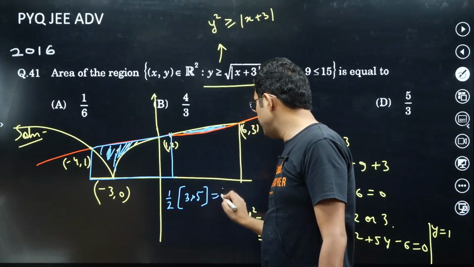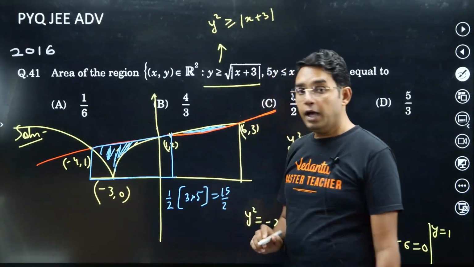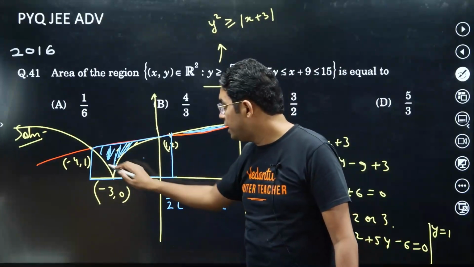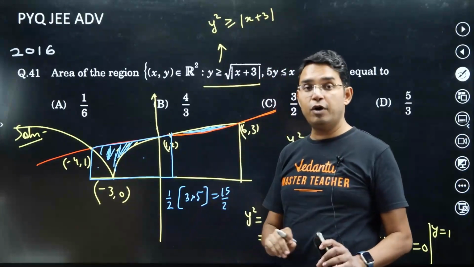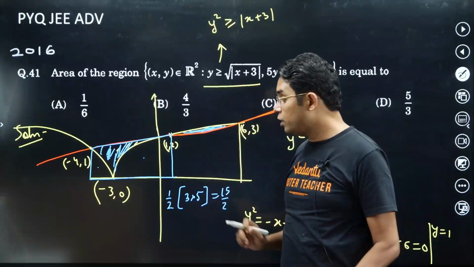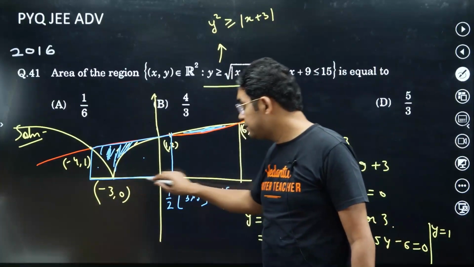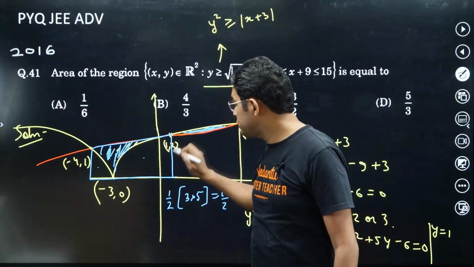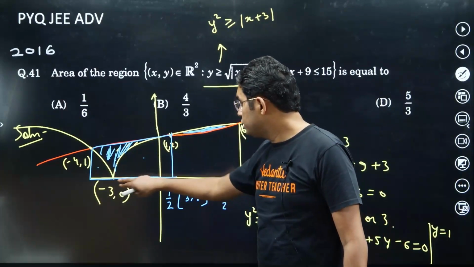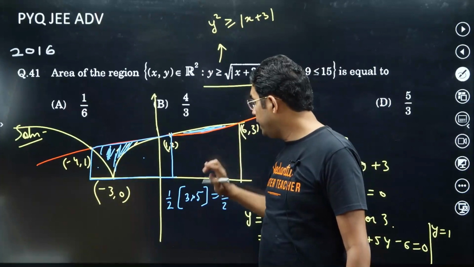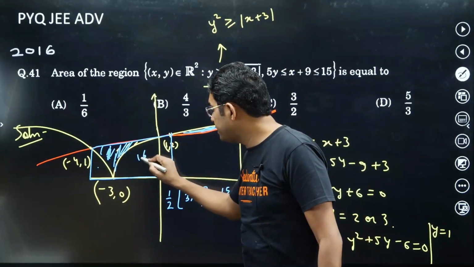So this will be 15 by 2. Okay. Out of this, I will subtract this one and I will subtract this one, which can be found using the 2/3 thing, because this is the vertex, this is the axis. So from this to this, you can see minus 3 to 1. So this is 4 into 2, 8. So this will be 16 by 3 area.